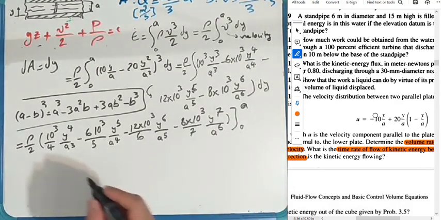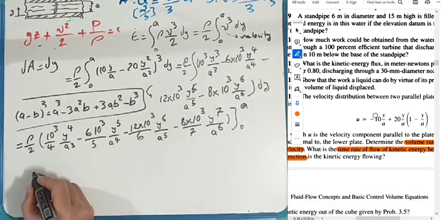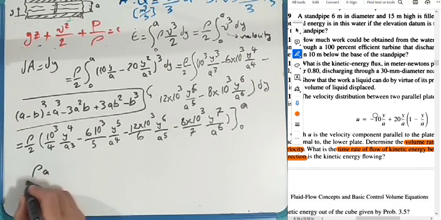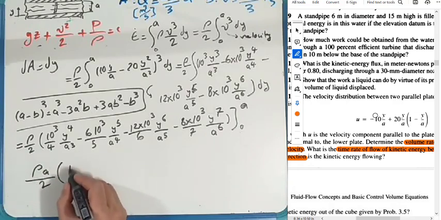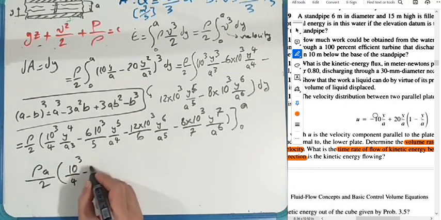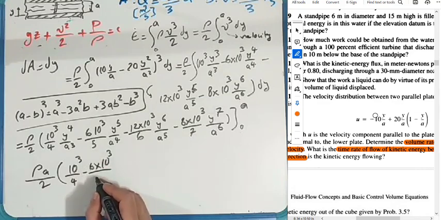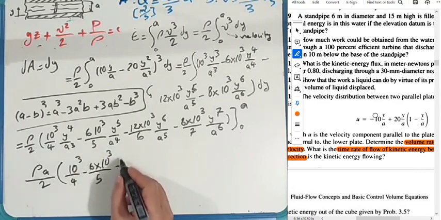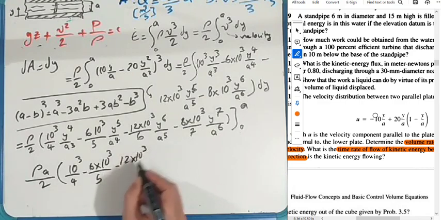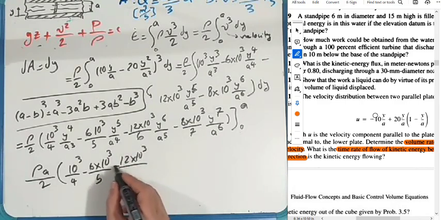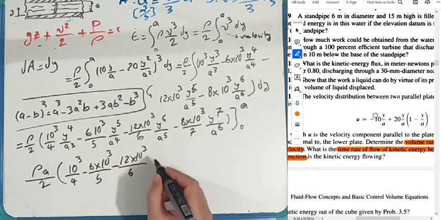Then the answer would be rho A over 2 times (10 cubed over 4 minus 6 times 10 to the power 3 over 5 and so on). You calculate it by yourself to be sure of these values.